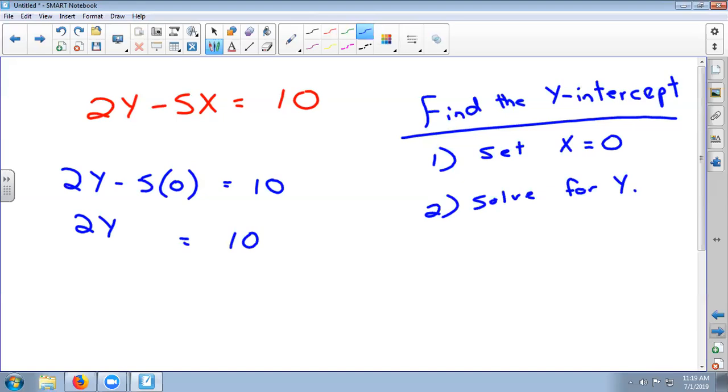Okay, 2y equals 10. Divide by 2. Y equals 5. What is the y-intercept? Okay, great.